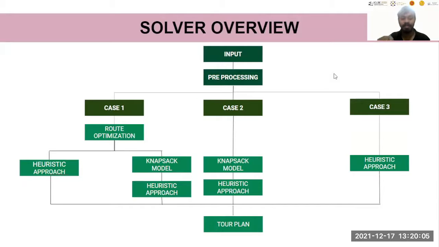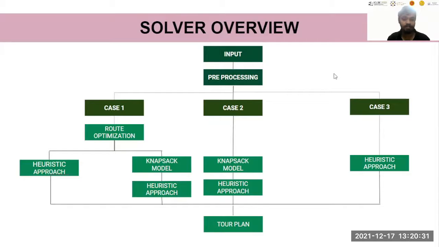In this case, we consider the places that the user has selected as preferred places, places the user must visit, and we consider his satisfaction will be maximum when he visits the places he has specifically selected, because he selected those places since he knows about them or has much more interest in them.